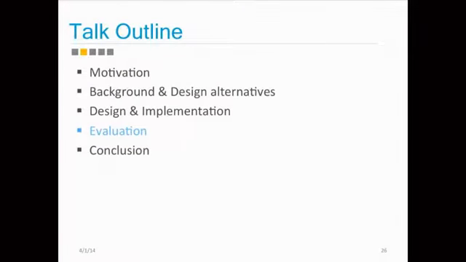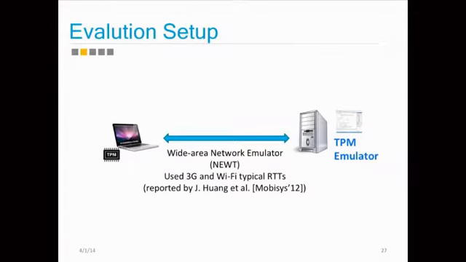After talking about our basic cTPM design and the implementation details, let me share some evaluation results. Our evaluation testbed uses a client-side machine equipped with a TPM chip to run cTPM client-side code. We also set up a server running a TPM emulator in a virtual machine for the cloud service. We use a wide area network emulator to emulate both Wi-Fi and 3G networks.